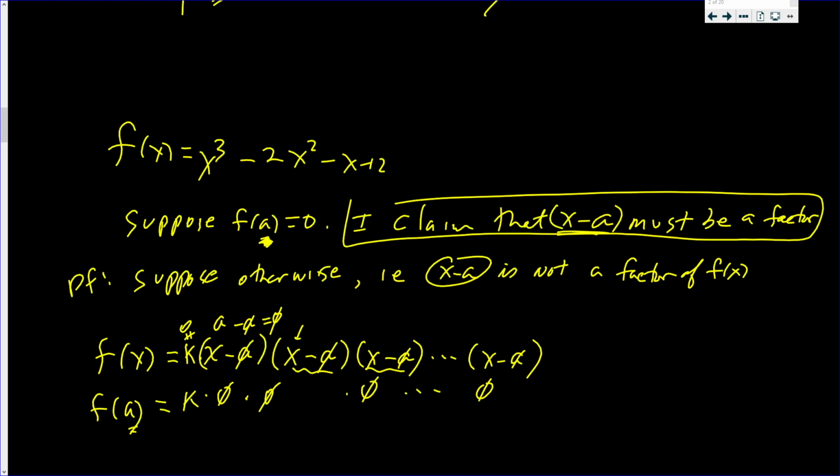Well, there's a problem here, because f of a is supposed to be 0. So, if k is not 0, and you multiply it by a non-zero number, by a non-zero number, by many, many non-zero numbers, you won't get 0.